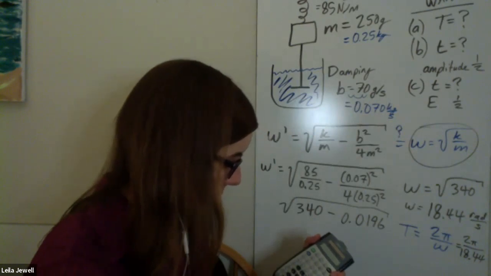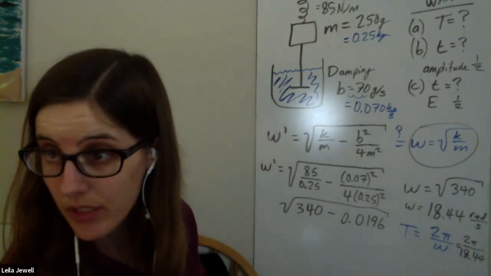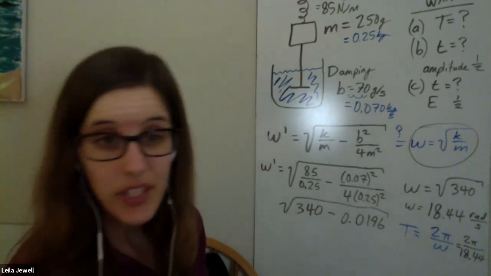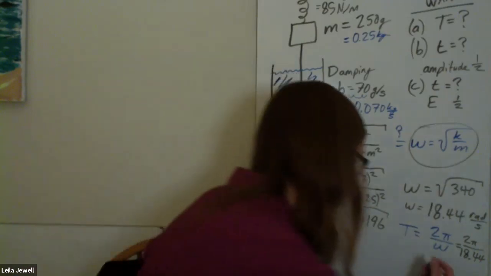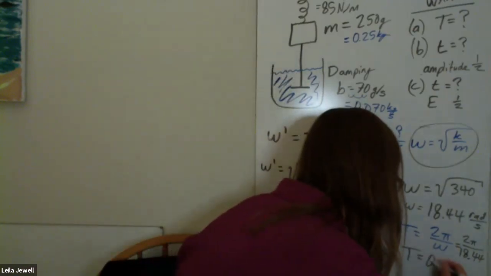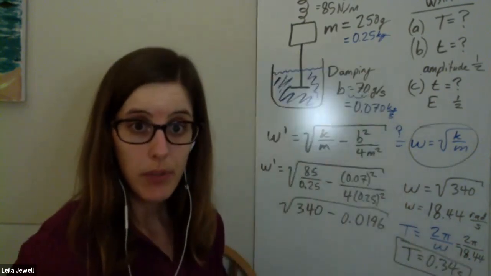So I get 0.34 seconds. We have 2 sig figs here, so I'm going to leave it at that and not go to 0.341. All right, so there's part A.